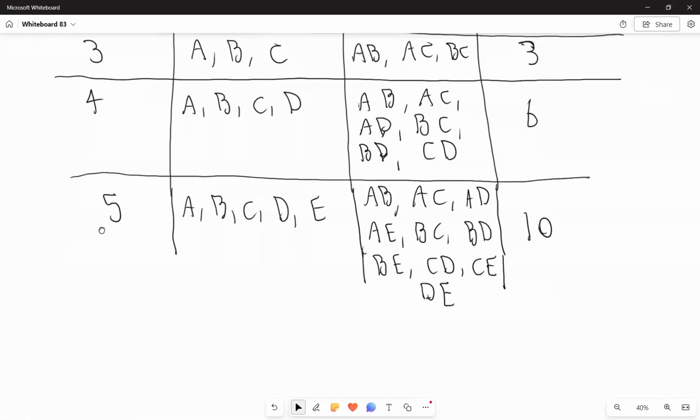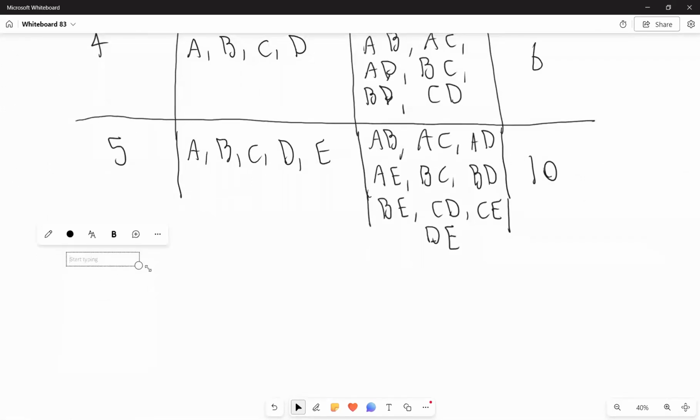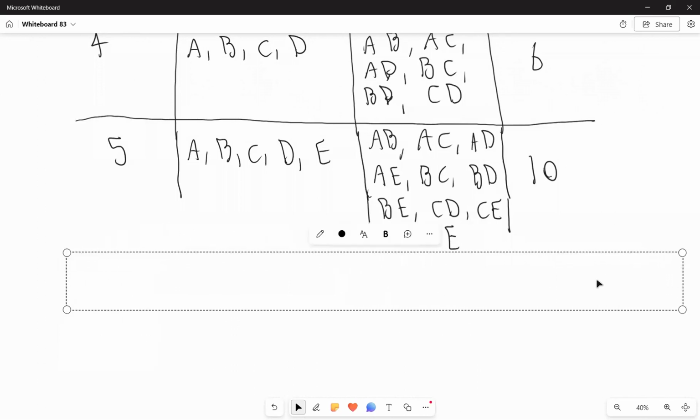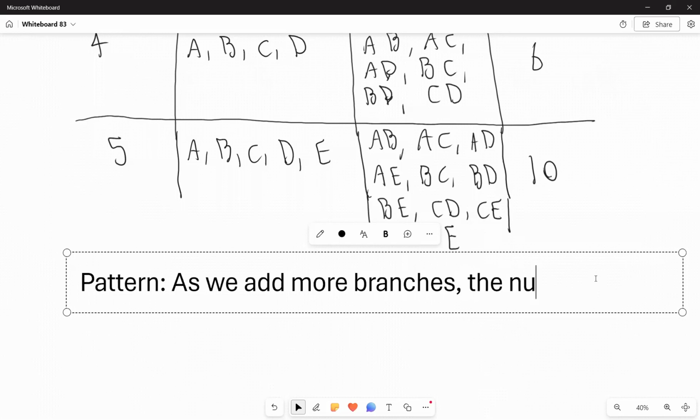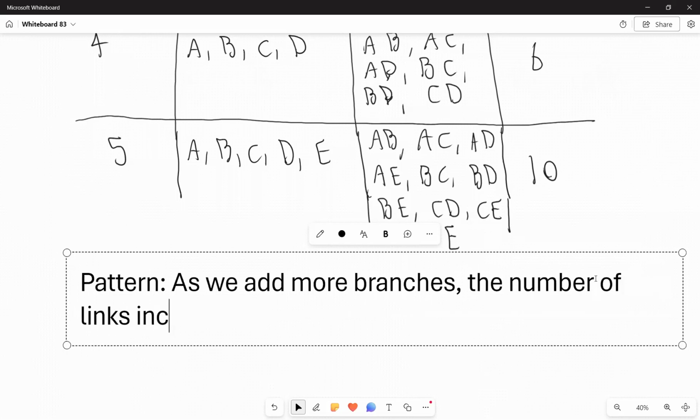But here's the pattern. That's one way to see it. As we add more branches, the number of links increases by 1, then 2, then 3, and so on.